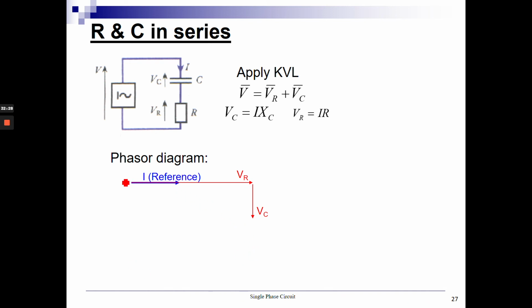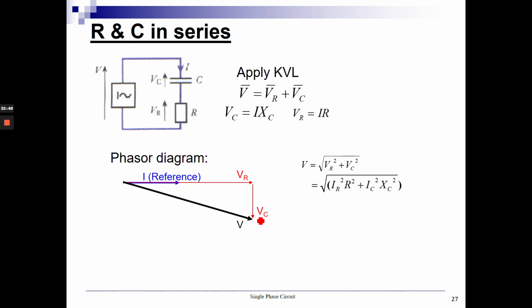So your V is at the x-axis, and then your XC is in negative value. So that's why your XC is going down. So you will get your V is here.